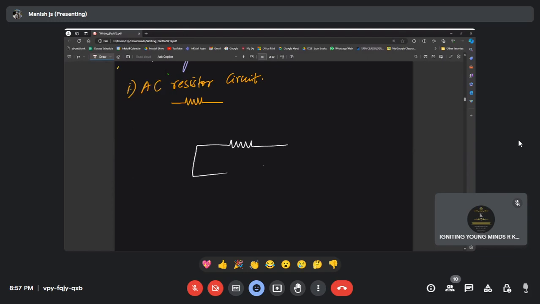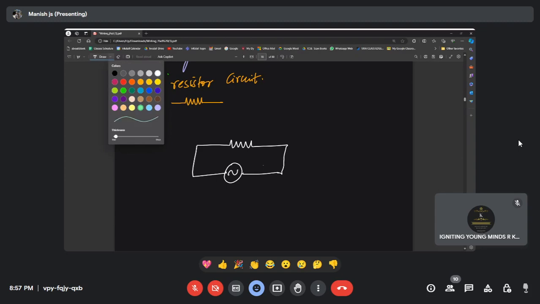I'm connecting this to an AC supply. The AC supply is always shown like this: a circle with a small sinusoidal wave in it. It looks like a snake. That is the AC supply.